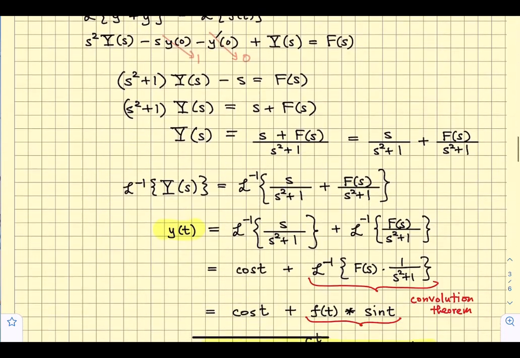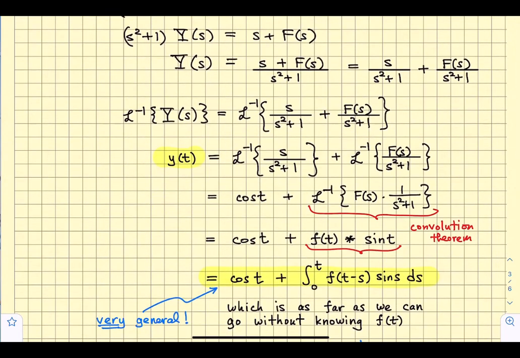Remember, big F of s is just the Laplace transform of little f of t. So when we apply the convolution theorem, when we individually invert this, we get a little f of t. When we individually invert this, we get a sine t. We have to connect them together with a convolution product. That's the convolution theorem in action.